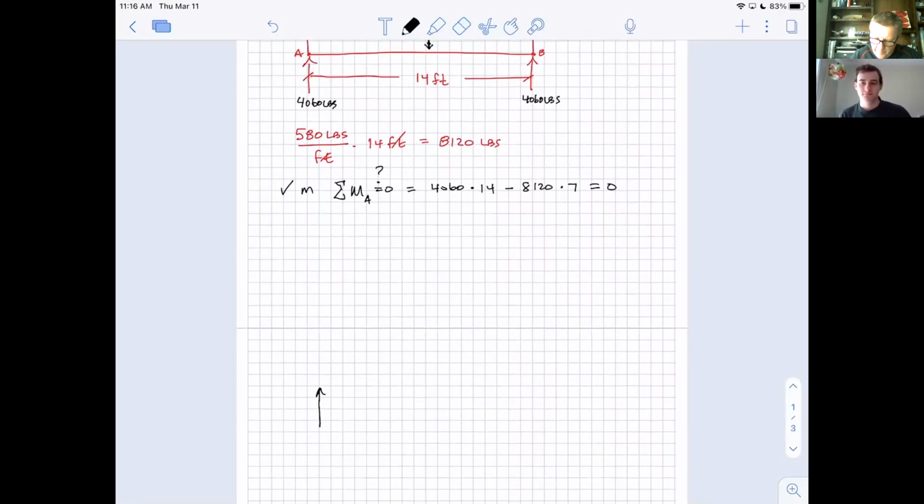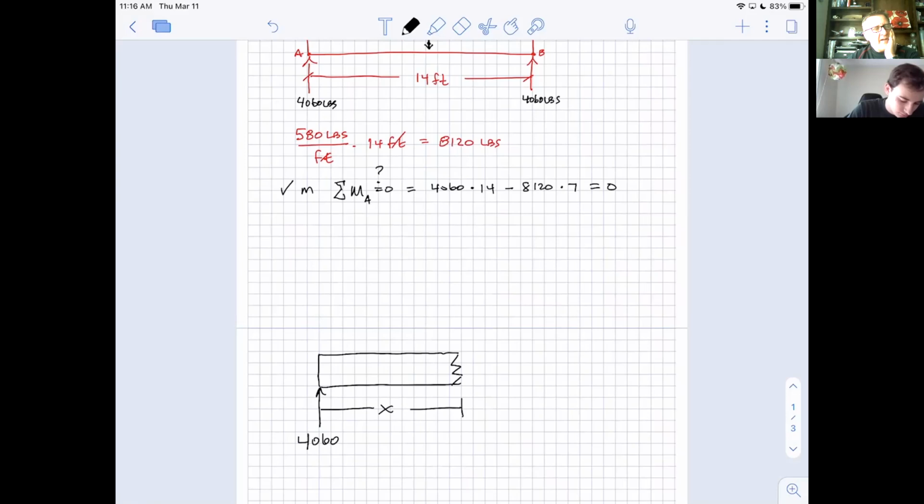So if I come over here and I put 40/60 and I draw my beam, except I get out here some certain distance and I say chop. And what distance will that be? Well, let's call it a distance of X, because it's actually got to be everywhere. In other words, you actually have to look at every part of the beam and make sure it isn't going to break anywhere.